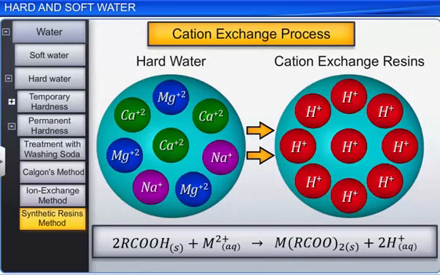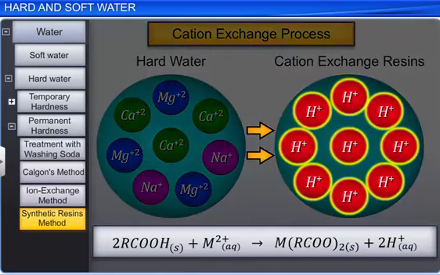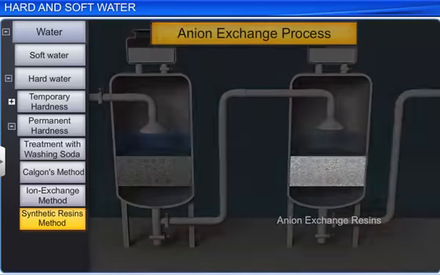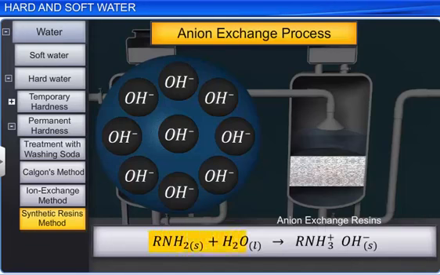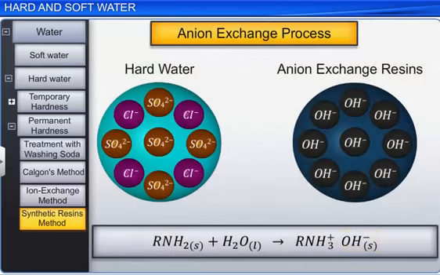In the anion exchange process, RNH2 in water gives RNH3+ plus OH-. The OH- ion in RNH3+ OH- gets exchanged with chloride, bicarbonate and sulfate anions present in the water.